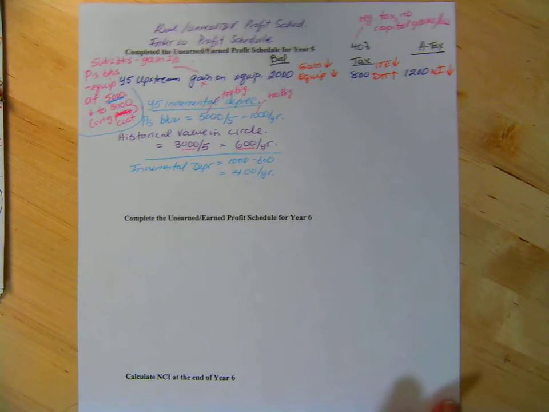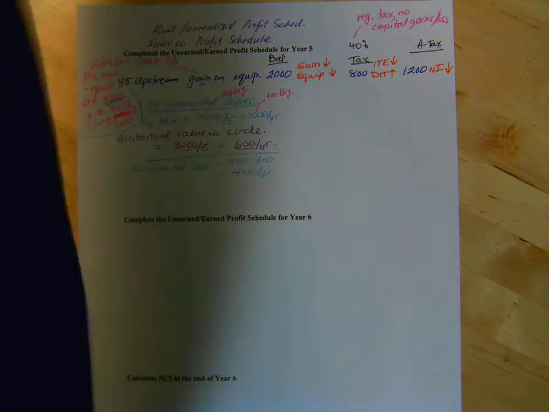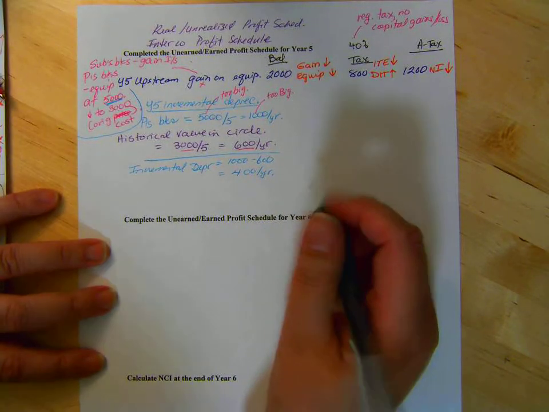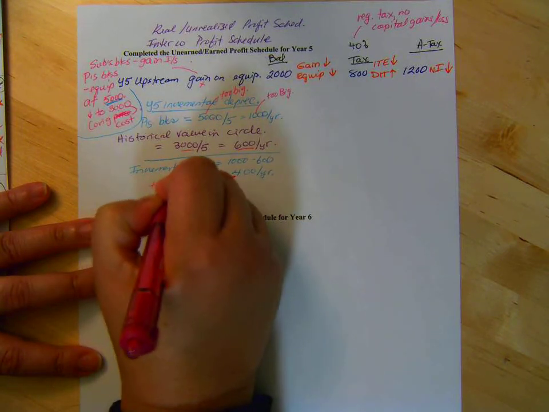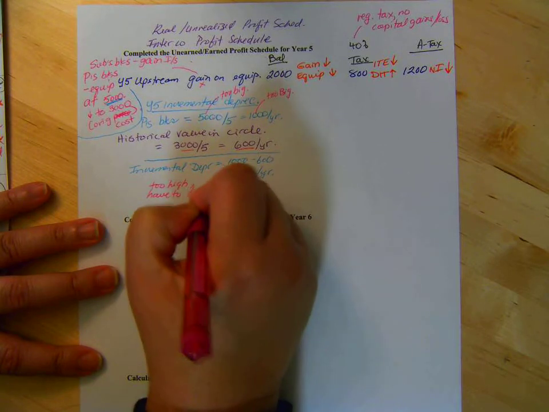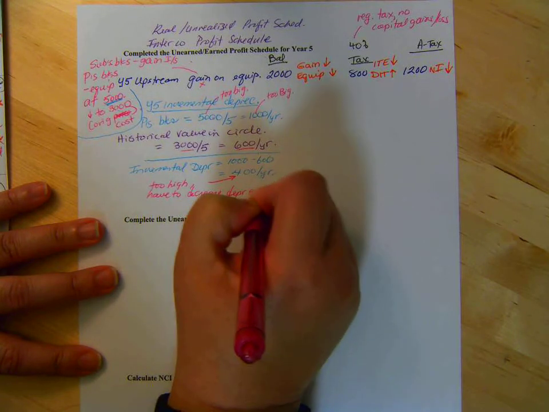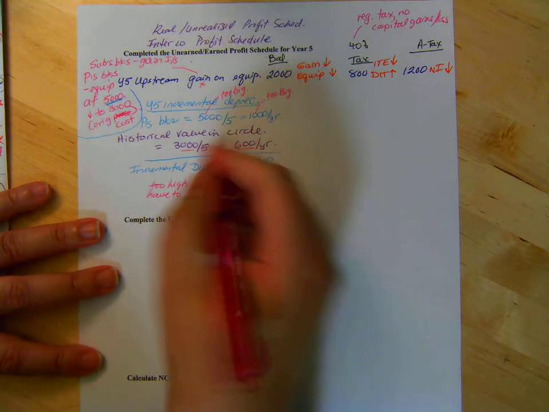So incremental just means the extra, the leftover. So now, it's too high, so we have to decrease depreciation expense and accumulated depreciation.